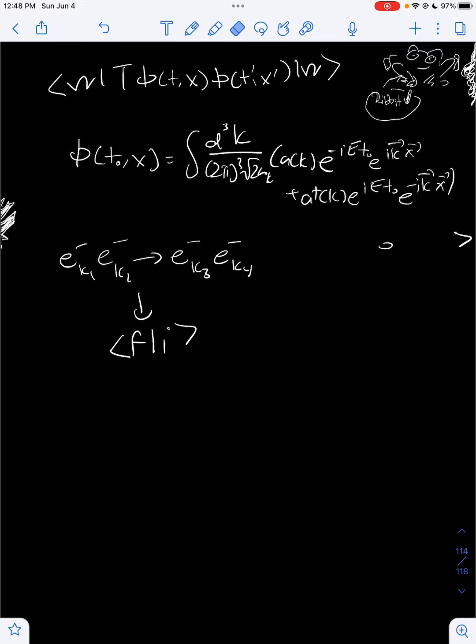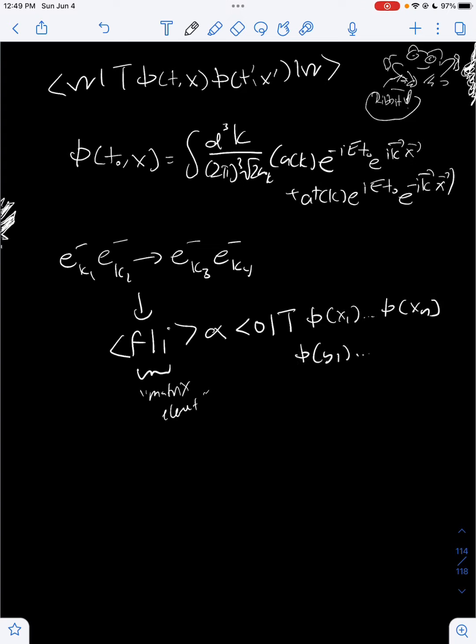And we found that this matrix element, that's what we call this, a matrix element, is proportional to this quantity right over here. So phi x1, dot dot dot, phi xn, and then phi y1, dot dot dot, phi ym.